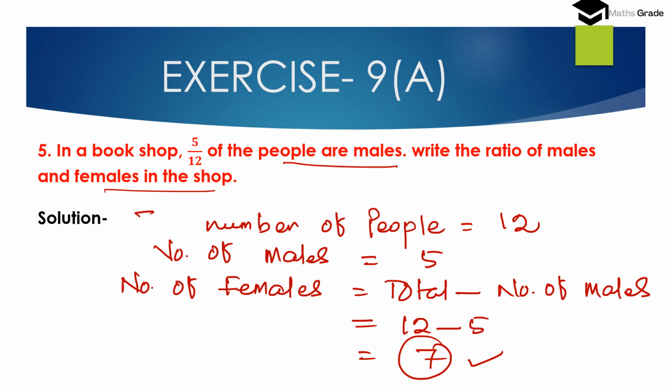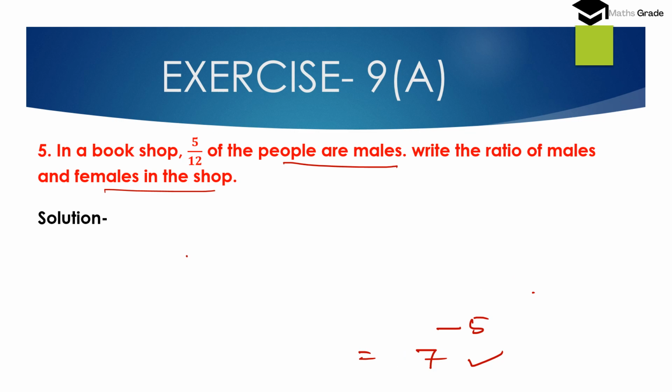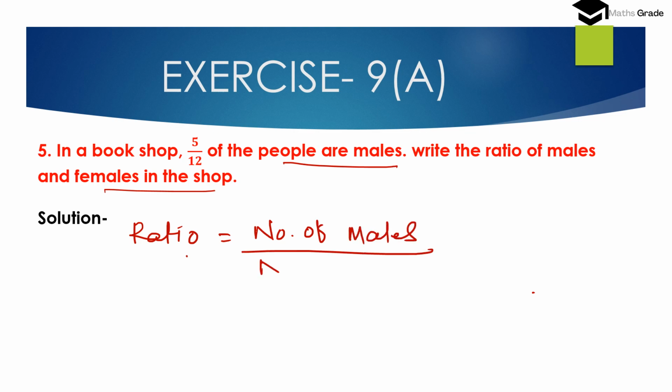Now write the ratio of males and females in the shop. So number of males is 5 and number of females we got 7. So ratio of number of males to number of females: number of males is 5 and number of females we got 12 minus 5, that is 7.